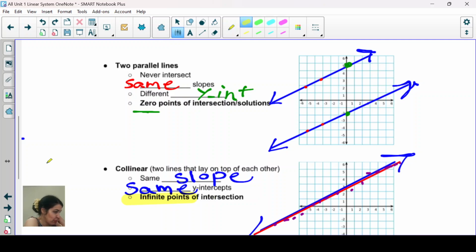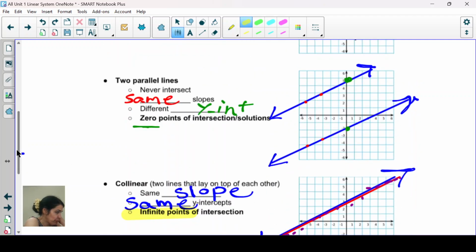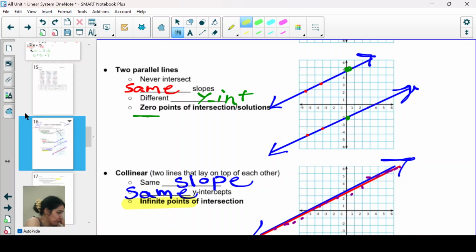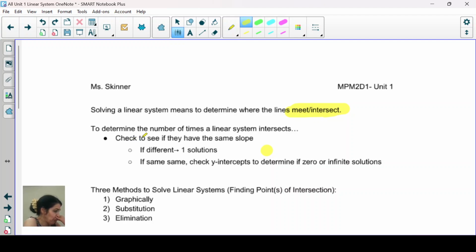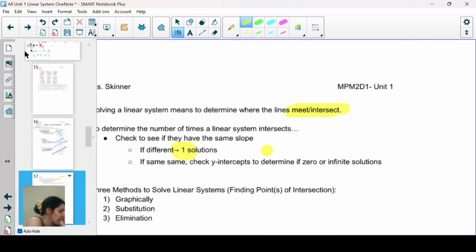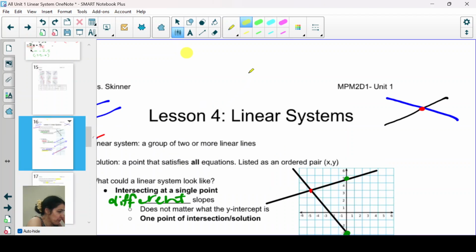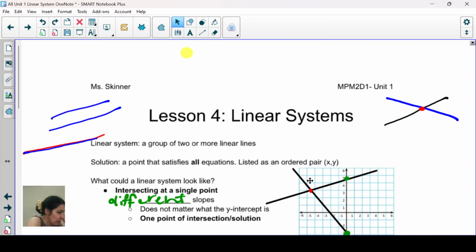If their slopes are different, there is only one solution. So notice here, if their slopes are different, they have only one solution.